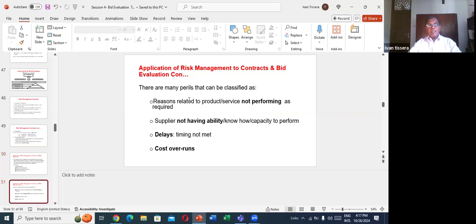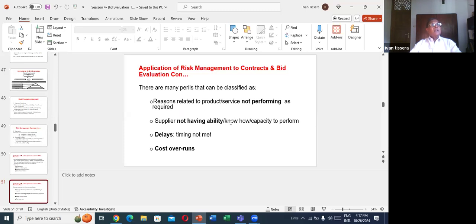There are many perils that can be classified as reasons related to the product or service not performing as required. That is one risk. Say they agree to the contract, but they are not performing as required. Or they don't have the ability.